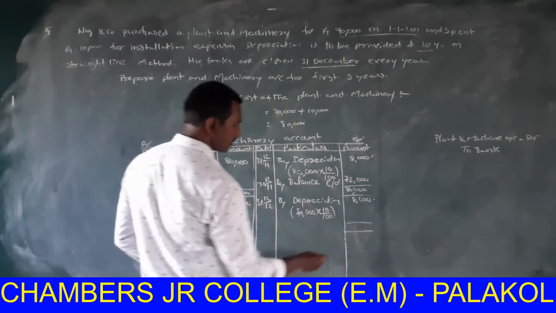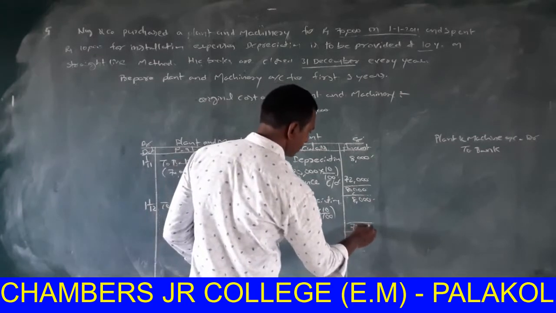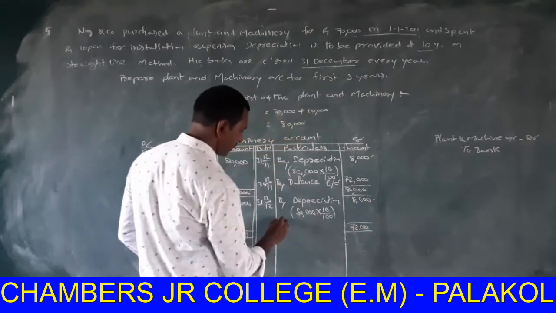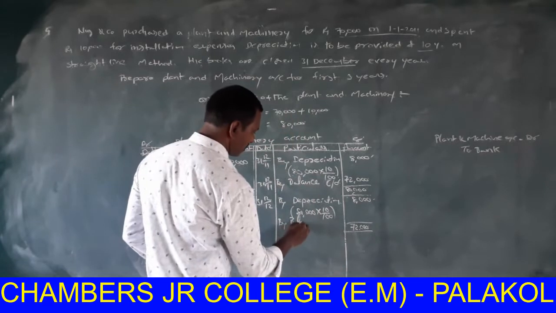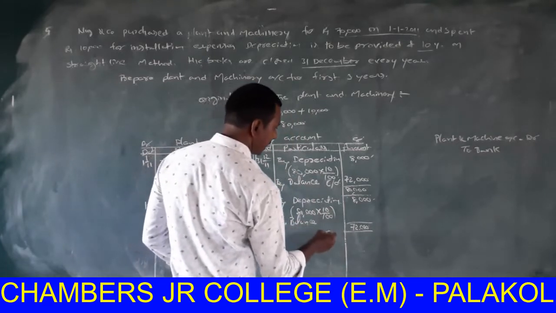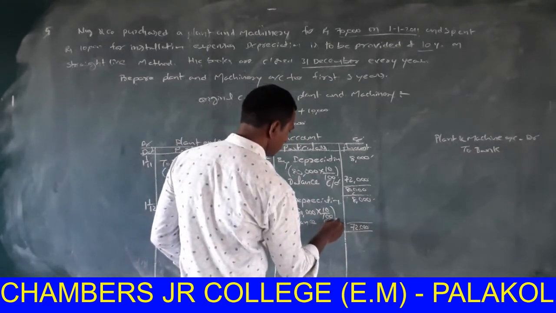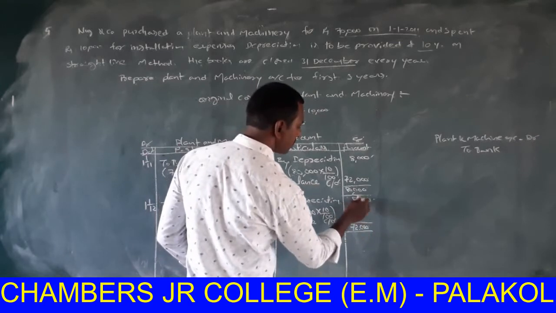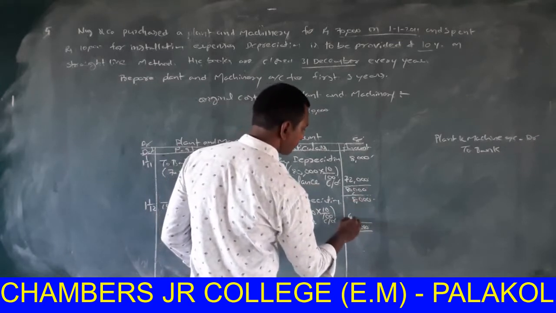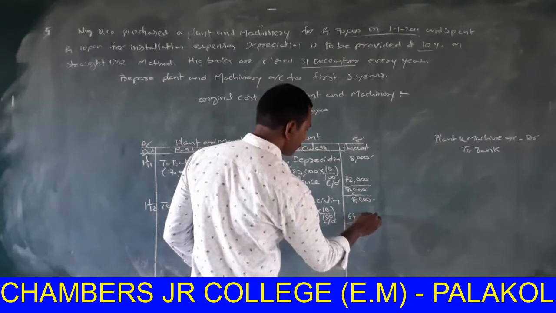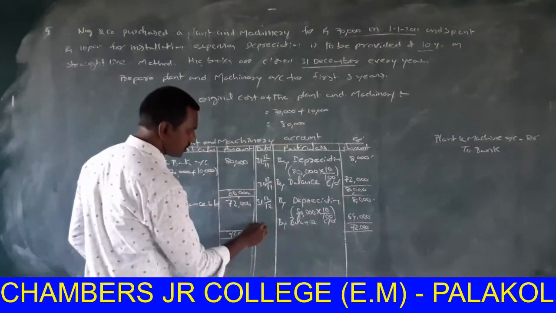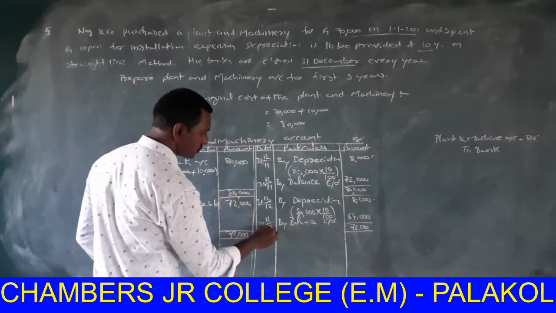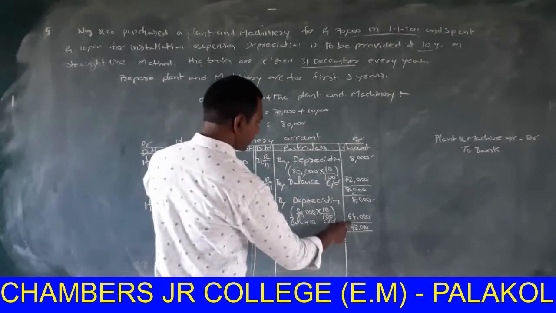72,000, balance carried down 72,000 minus 8,000, 64,000 is the difference, on the same date 31/12/2012.